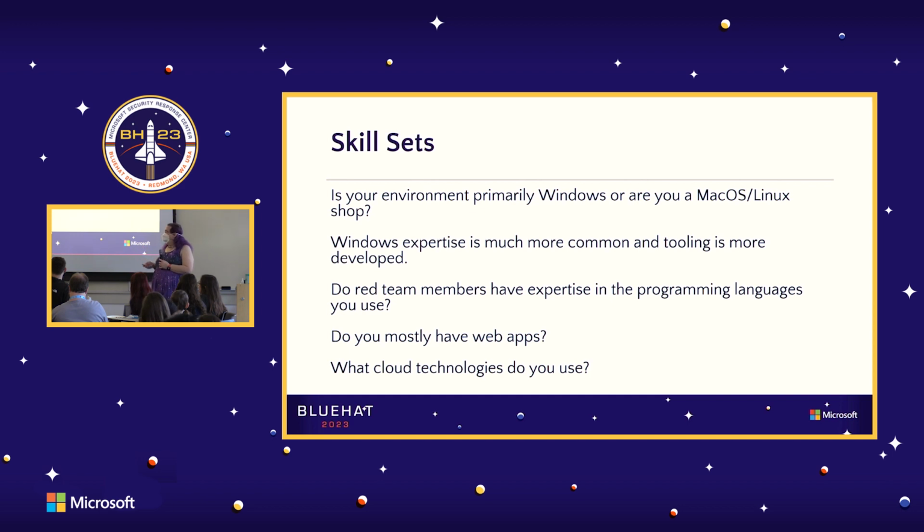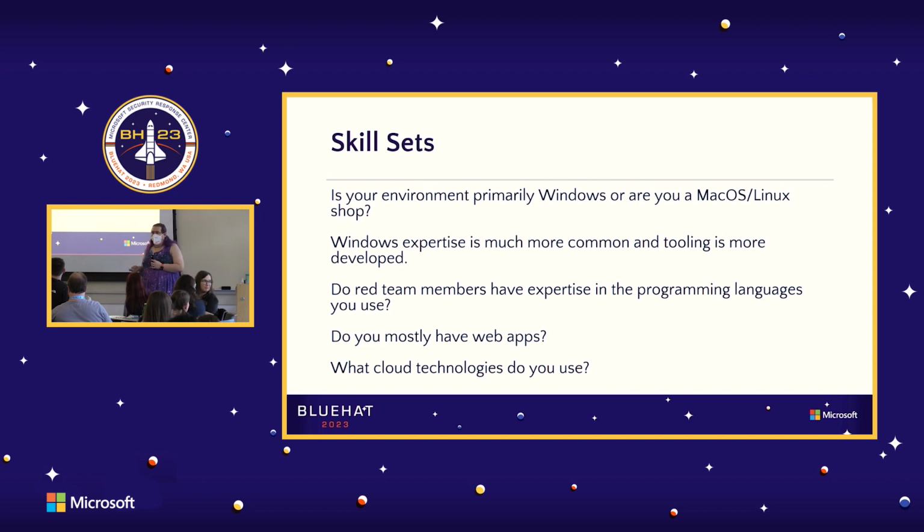Do you have expertise in the programming languages used? You know, I've worked in Python shops where I'm very proficient and can understand the code really well. I've worked in Java shops where I'd rather beat my head against the desk than work with their code. It just depends on what they have, and you need to make sure you're finding the right people to fill these roles and have some level of expertise or at least familiarity in the environment they're working in.